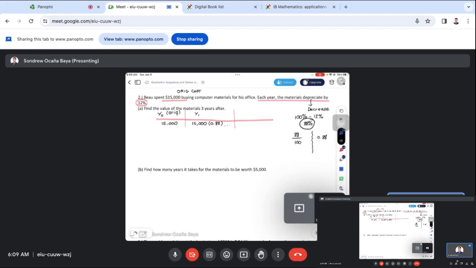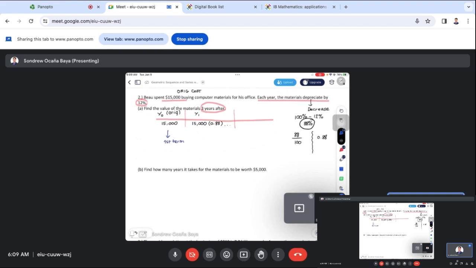All right. So we are asked of 3 years, no? 3 years. So again, you decide which of these values you would want to consider as your first term. If I consider this as my first term, I have to include this in the counting.